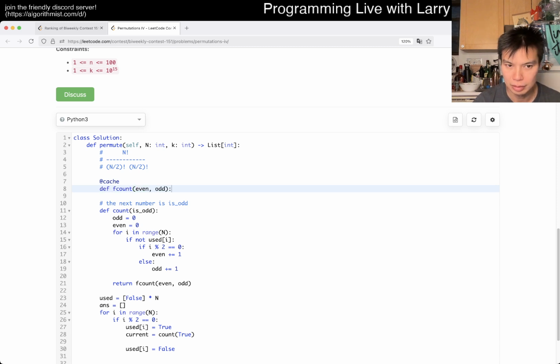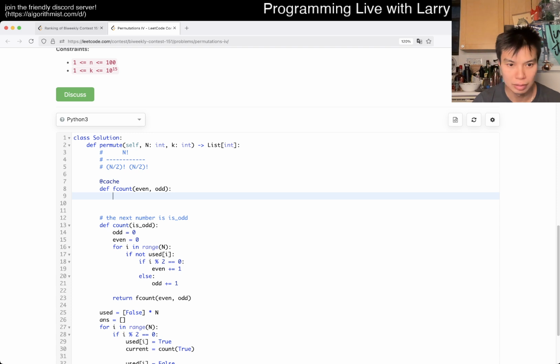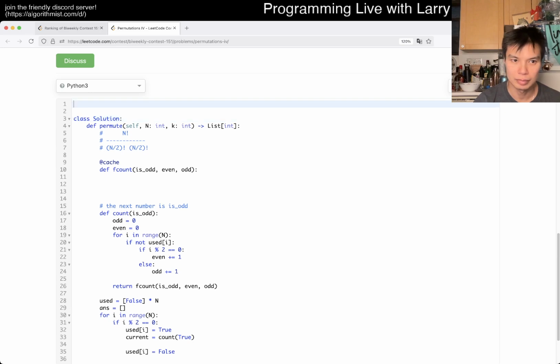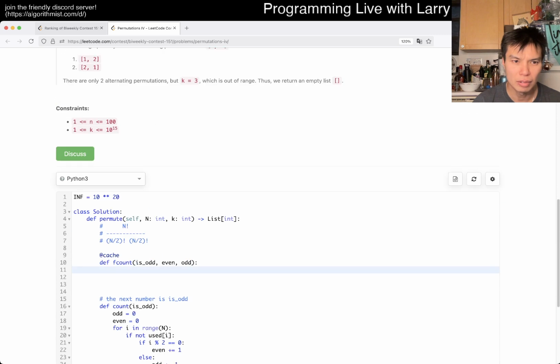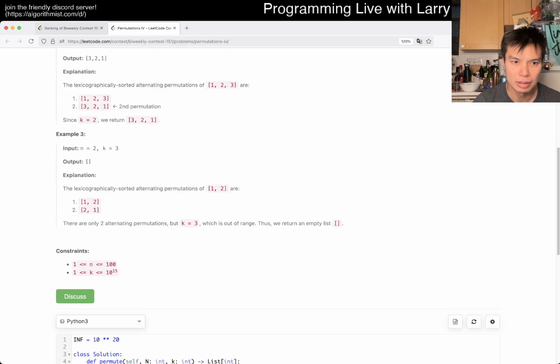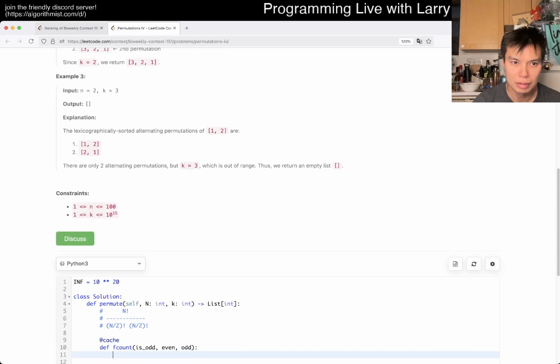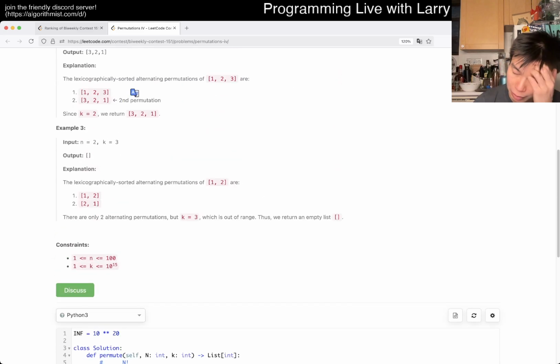Even, odd. So then we have to do is odd. So the next number is odd, right? I don't know how to write infinity in a good way. Maybe because here if we want to write 2, that would be wrong.